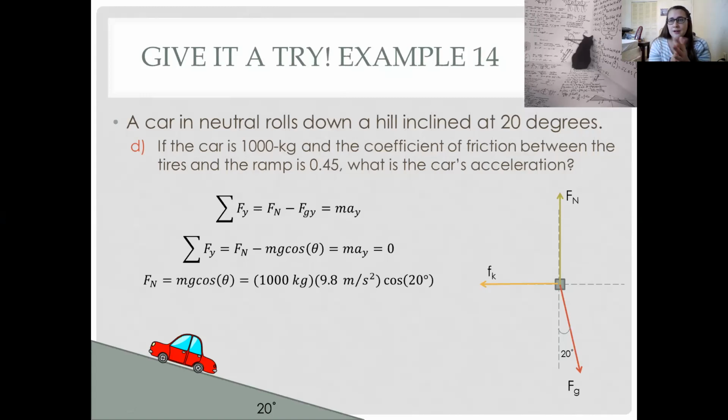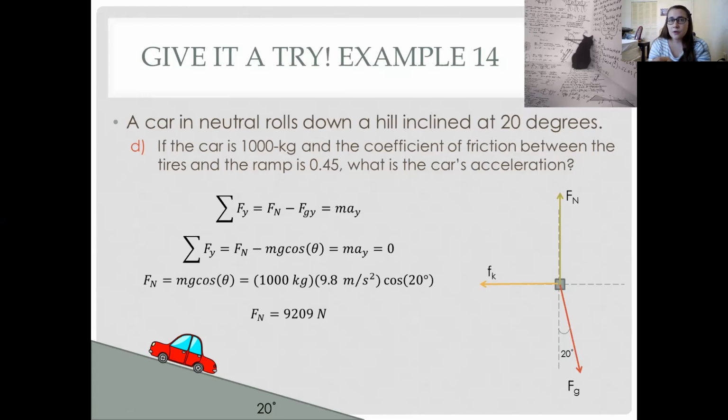So since we know our acceleration in the y direction is 0, that means we can set the normal force equal to that y component of gravity. So normal force equals mg cosine of theta, where mass is 1,000 kilograms, g is 9.8 meters per second squared, and our angle is 20 degrees.